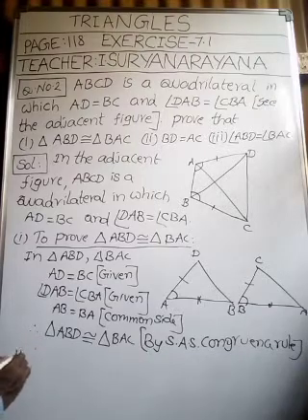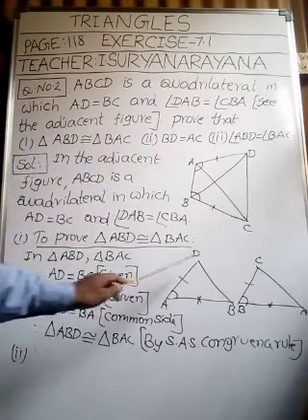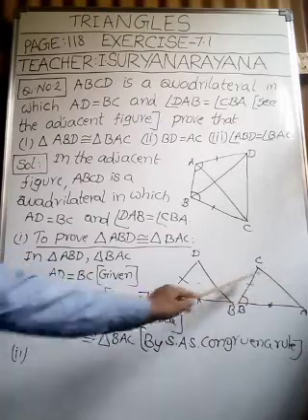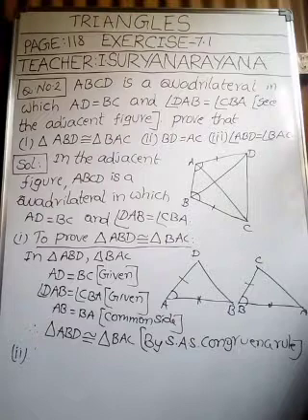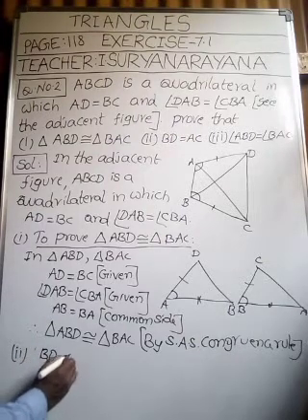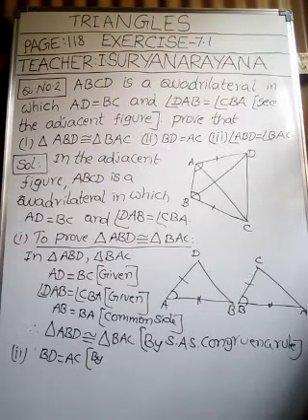Now come to the second part. What is the second part? BD is equal to AC. See here, BD equal to AC or not? Because these two sides are corresponding sides in these two triangles, my children. So BD is equal to AC. By which condition?